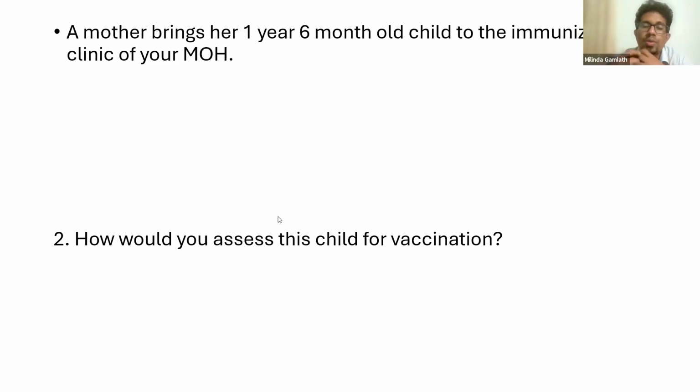So how do you briefly assess this child for vaccination in this busy clinic? What are the key questions that you would ask? I would ask mainly about any complications with the previous vaccine. Yes, reactions to previous vaccinations. Good. Next.